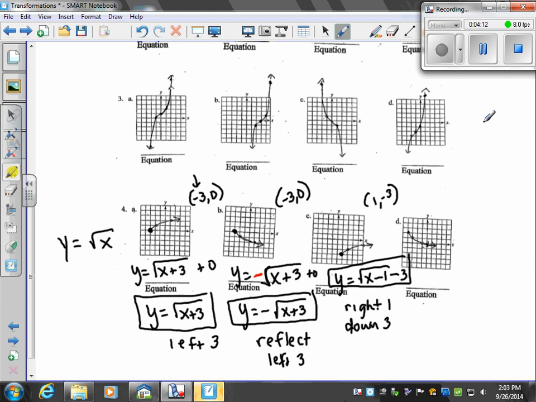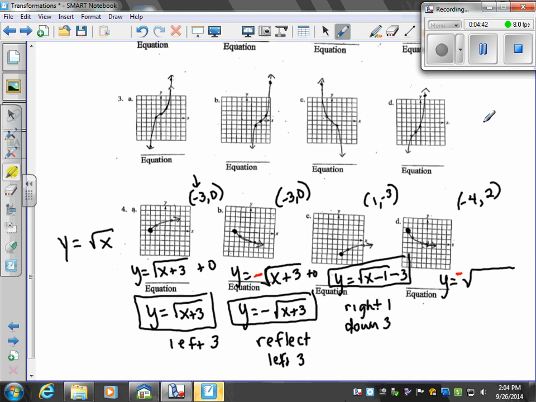And then we have D. We see that D is reflected. So we're going to say y equals, oh, D, let's look at our ordered pair. It looks like negative 4, positive 2. So we have square root. First of all, it's going to be reflected, so don't let me forget my negative.